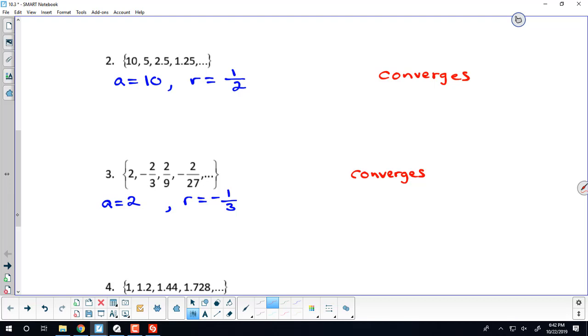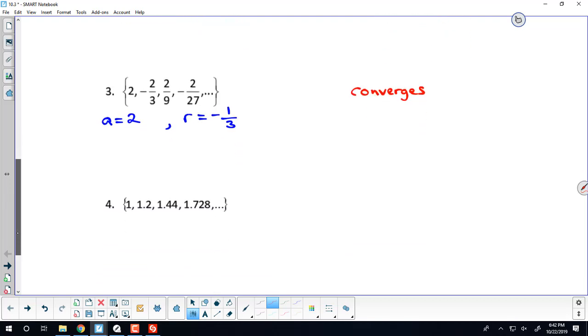And example 4. What's the common ratio there? 1.2. Would that converge or diverge? Diverge? Maybe, unsure about that.